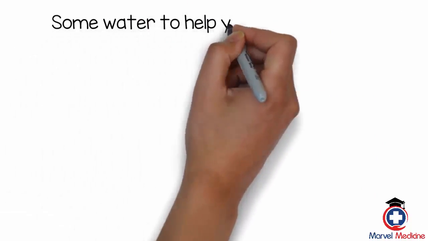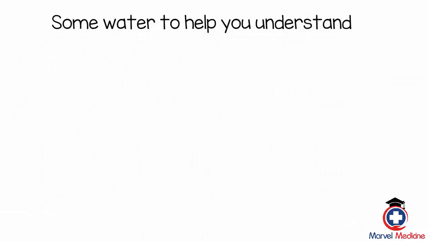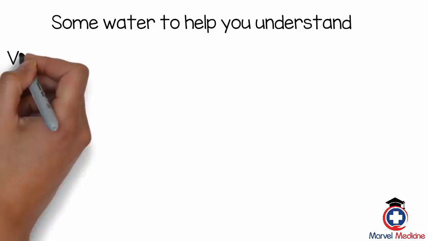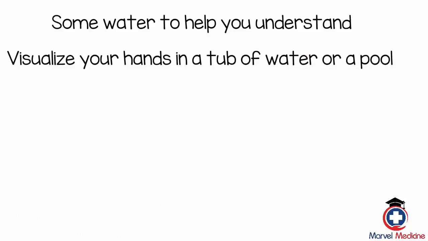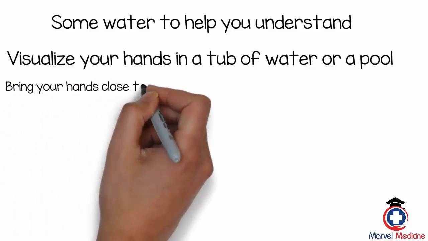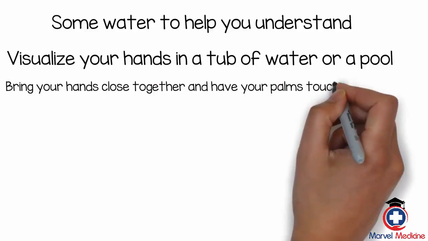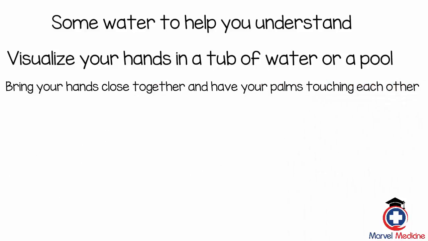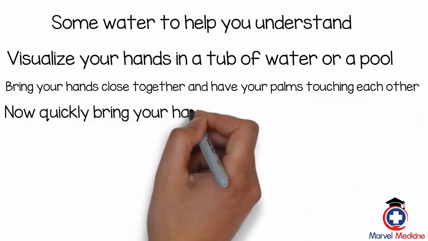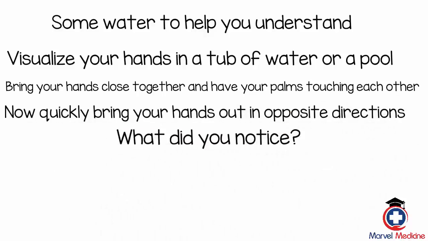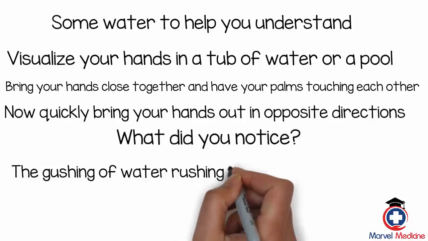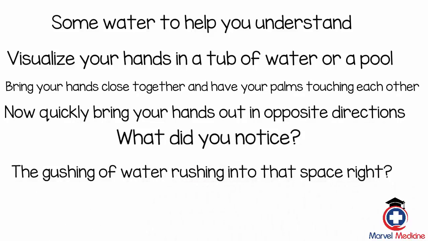Now, for this next part, you're going to need some water to help you really visualize and understand. So imagine your hands in a tub of water or a pool. Bring your hands close together and have your palms touching each other. Now, quickly bring your hands out in opposite directions. What did you notice? The gushing of water rushing into that space between your hands, right?